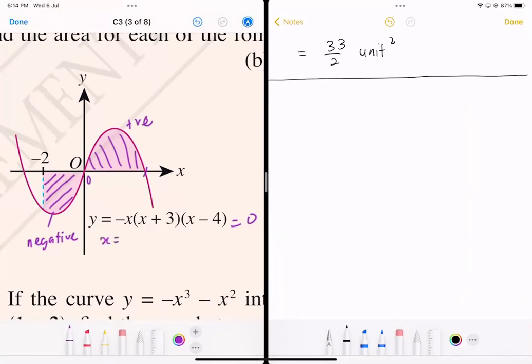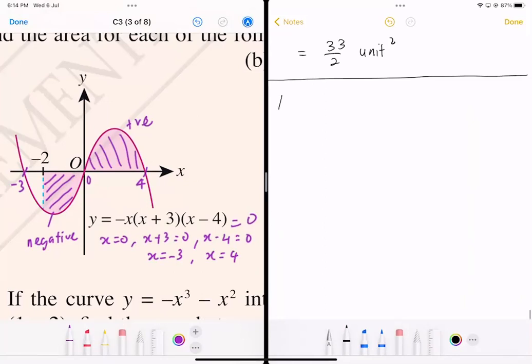You get x equals 0. You get x plus 3 equals 0. You get x minus 4 equals 0. So you have x is negative 3 and x is 4. So here is 4. Here is negative 3. That's how we find the roots.